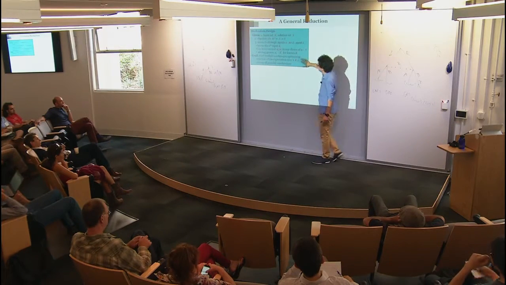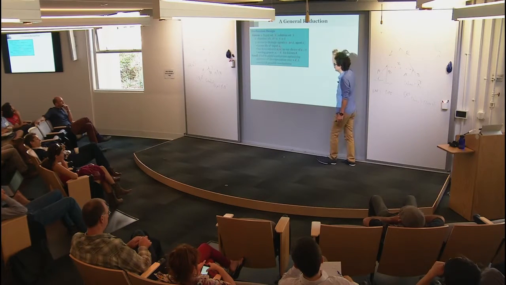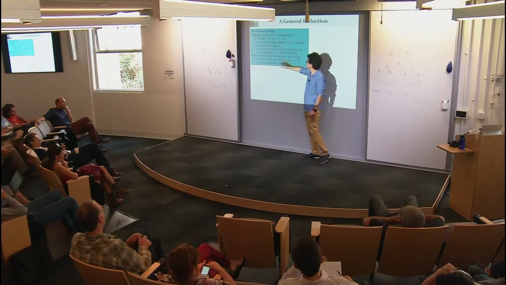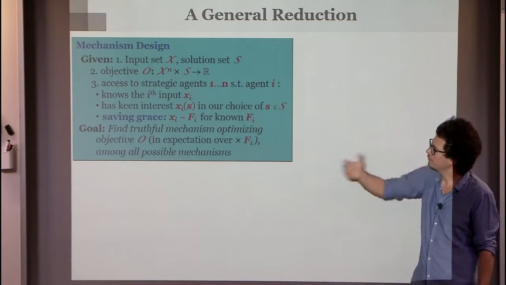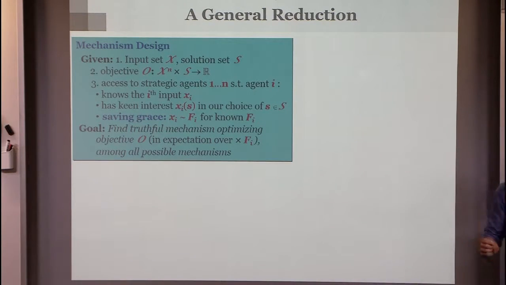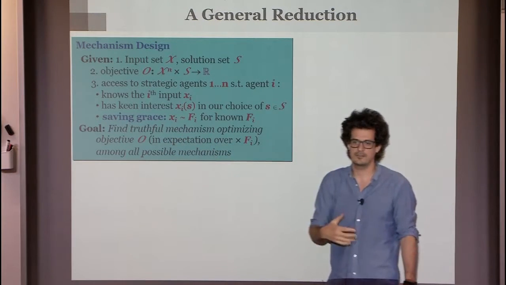And what I've written in this slide is that he wants to find a truthful mechanism. That's not necessary. Maybe you want a non-truthful mechanism, but really your goal is to optimize the expectation of your objective, where the expectation is over the distributions and anything else that's random in your setting. But I'm going to insist on truthful mechanisms just because it doesn't hurt me.